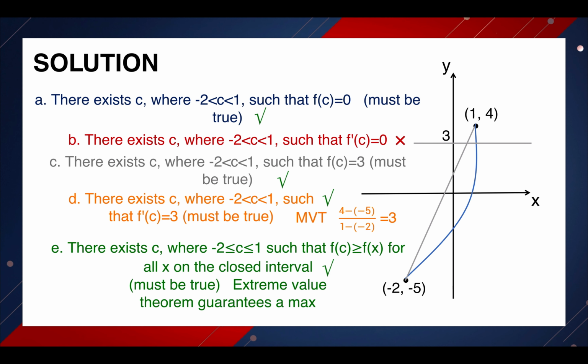This statement could be false and could be true because we can only know that this function increases on the interval from negative 2 to 1. But we do not know if this function first increases and then decreases, or just constantly increases. If the function is just constantly increasing, this statement must be false because no slope there can be 0.